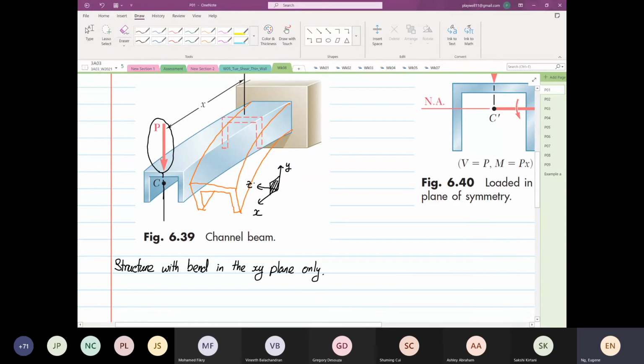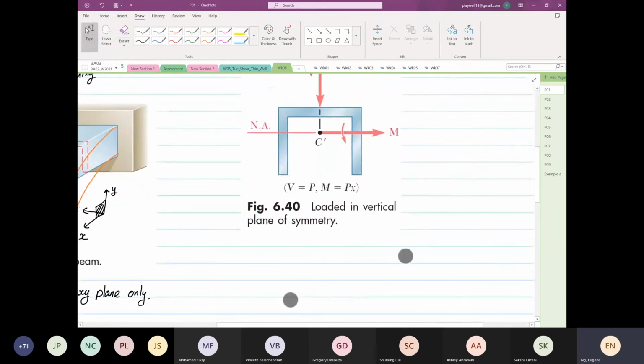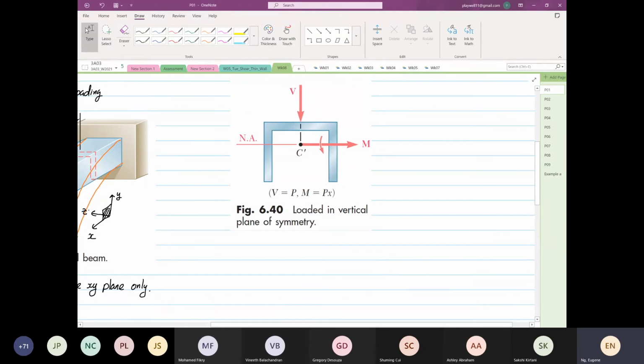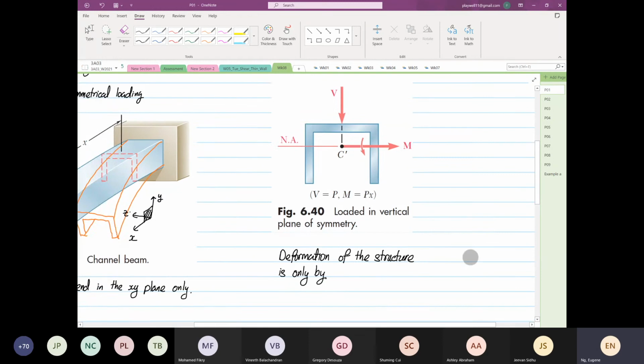If you look on the other diagram, 6.4, as it states out there, the deformation of the structure is only by bending, oh, you guys will probably want to see this.